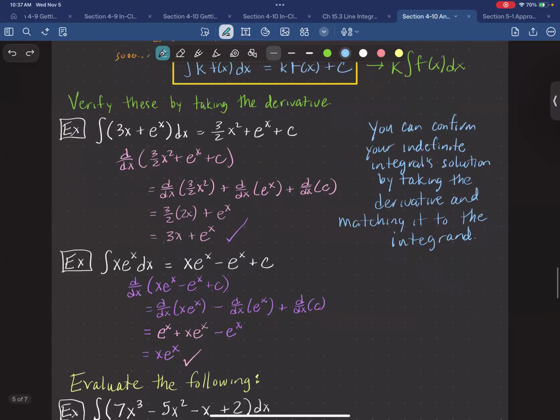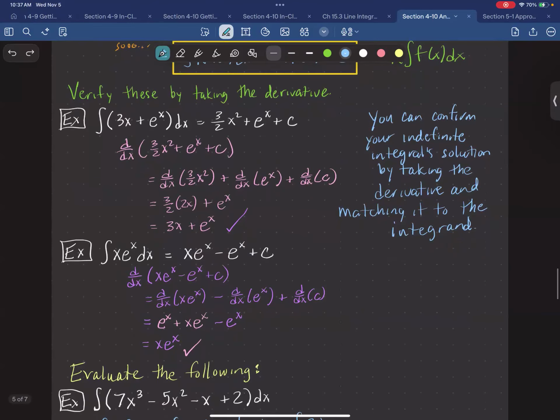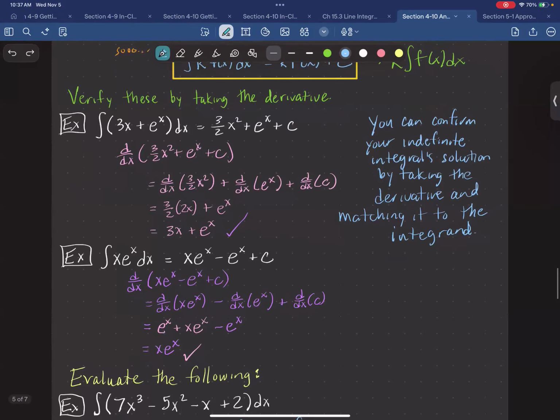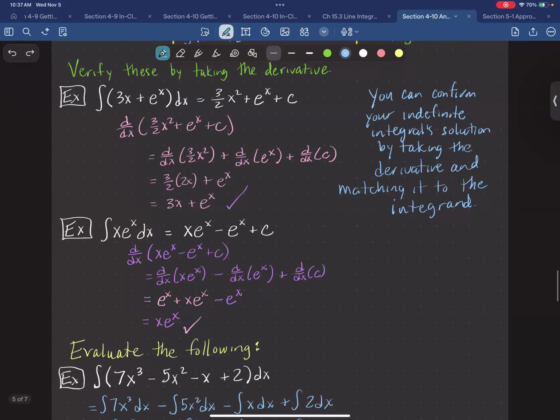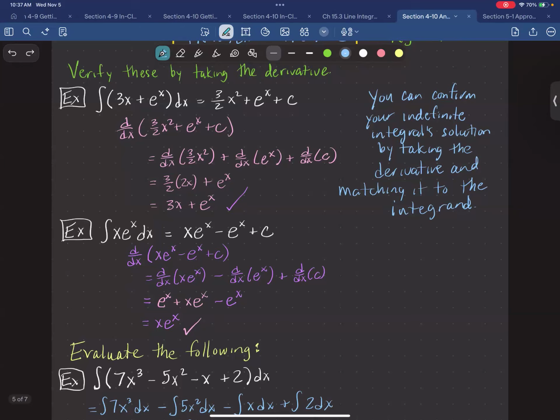So now I want you to try evaluating the following. We're not going to verify. Just try to calculate what the antiderivative is. Doing our indefinite integral. I recommend you stretch it out, putting an integral on each until you're comfortable in doing it faster. Eventually, you'll be able to just pop it all out at once, but you should practice doing it like this because this is what's really happening.